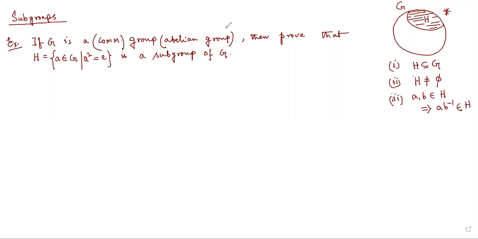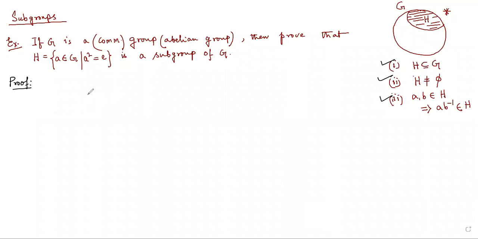Now what we actually want to show is these three properties that I have written over here. Now we shall try to check whether for the given set these properties are satisfied. We are going to check them one after another.